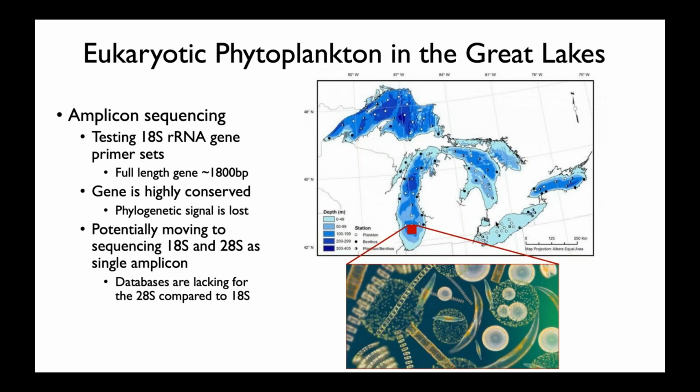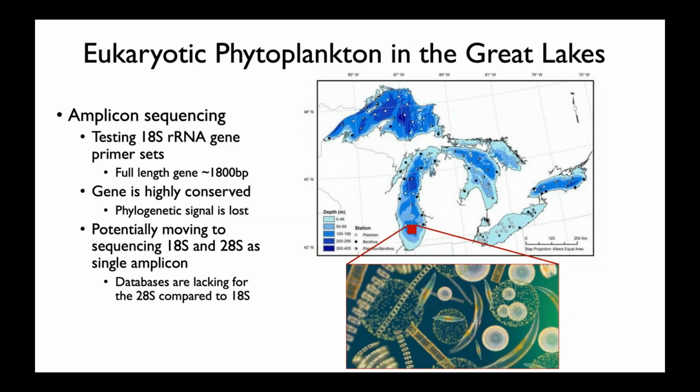And currently we're applying this to these phytoplankton communities in the Great Lakes. Over here in the map, you can see all of our sampling sites. We have colleagues that have been doing visual counts and looking at diversity visually through microscopy techniques.